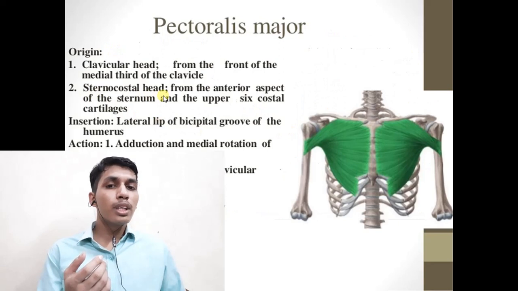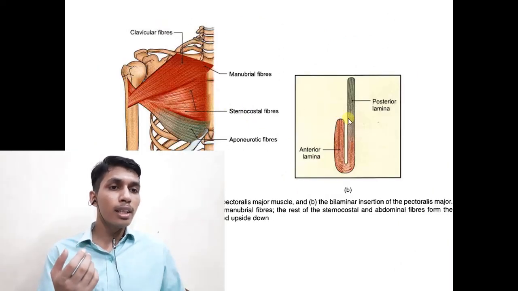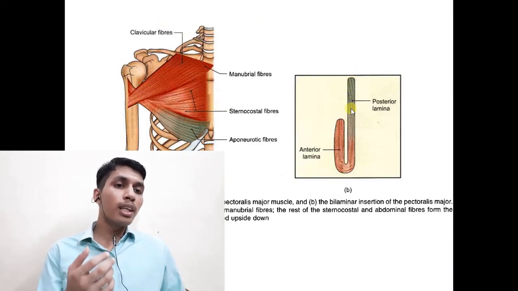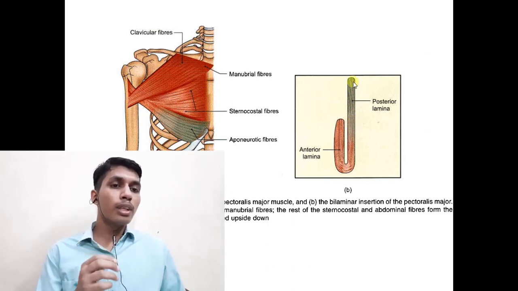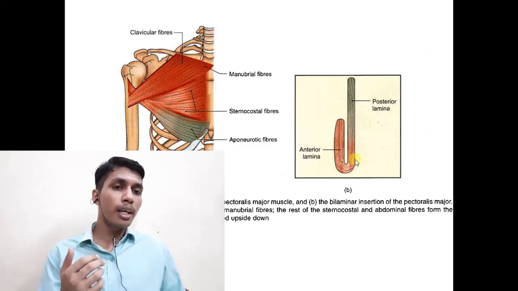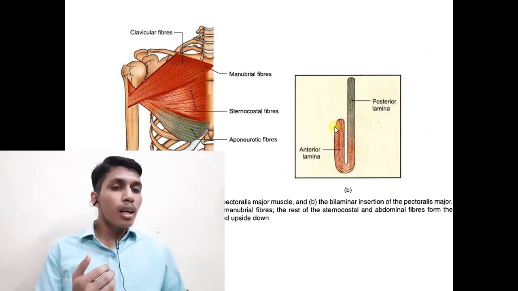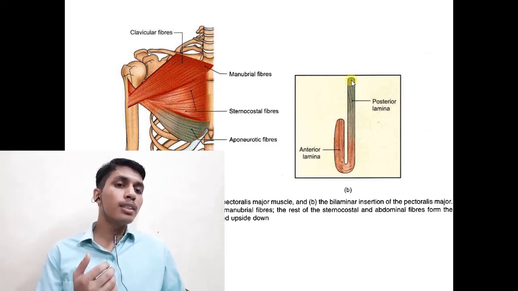The sternocostal head is larger, and the posterior lamella is composed of the sternocostal head. So the posterior lamella is longer. As we see in the picture, the anterior lamella is thicker and shorter, and the posterior lamella is thinner and longer.